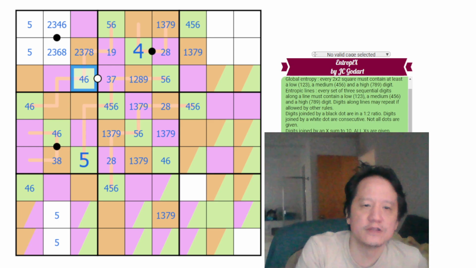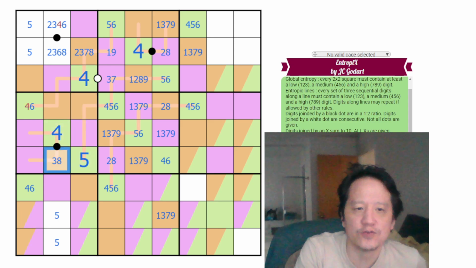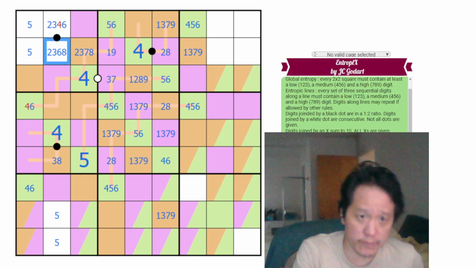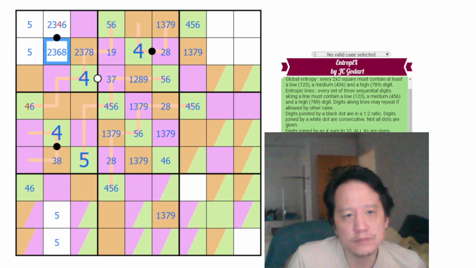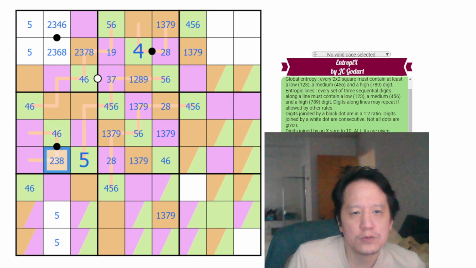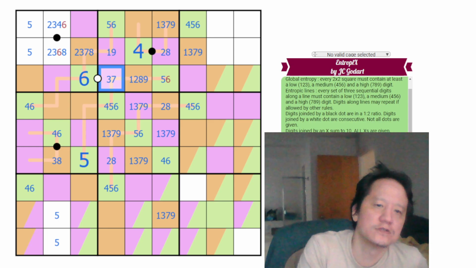Okay, let's look at this logic then. If this is 4, this is 4. This would be 6. This would be 3 and 6. Right? So this would be 3, 2, 1. So that would be 3 and 6, and that would be purple. If this is 6, this is 7.